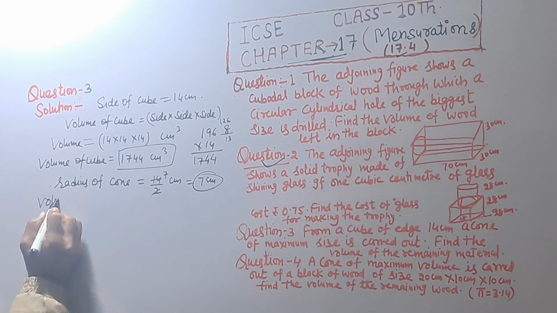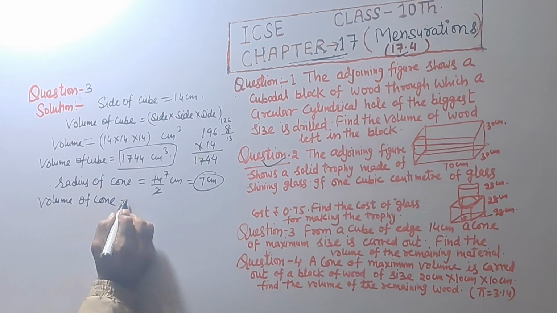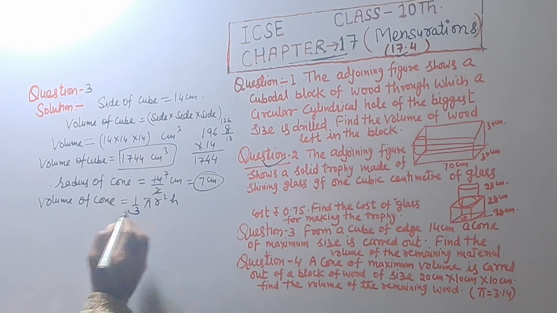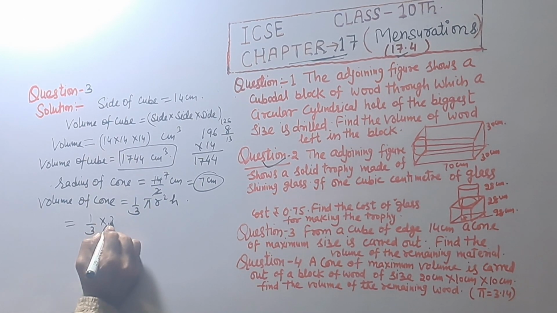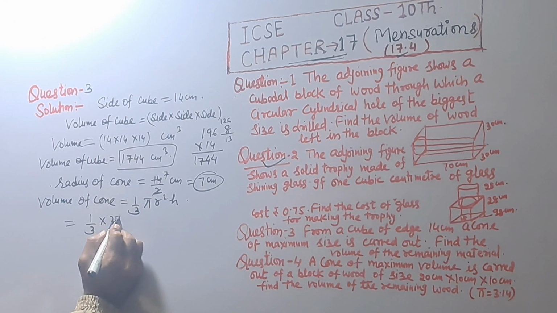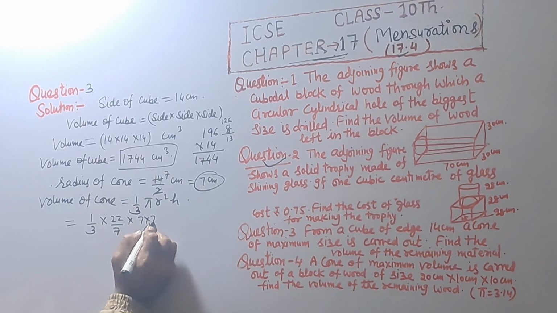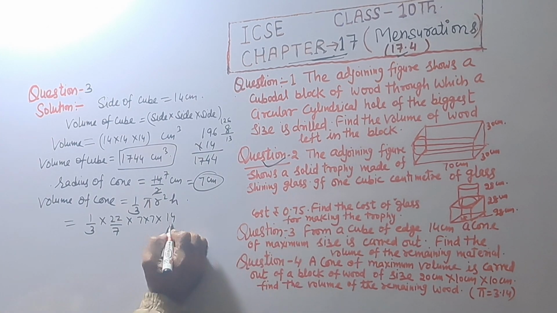And volume of cone is equal to 1 upon 3 pi r square h, that is 1 by 3 into pi is 22 upon 7 into radius is 7 into 7, and height is equal to 14.